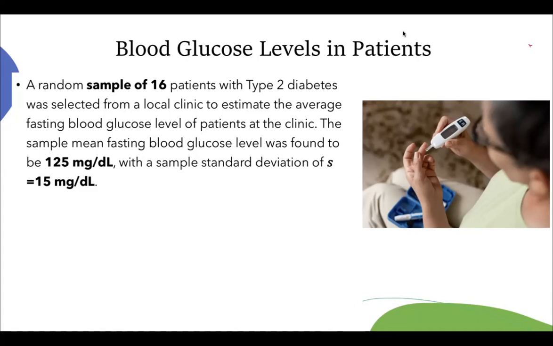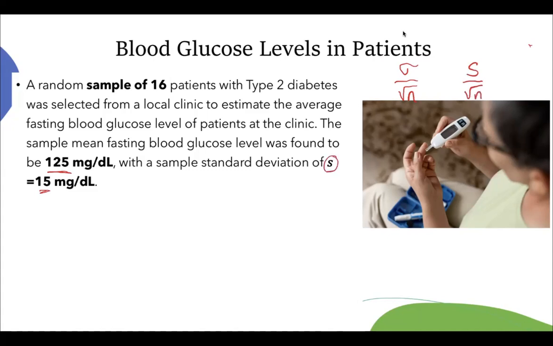The sample mean fasting blood glucose level was found to be 125, with a sample standard deviation of 15. Now, because we don't have the population standard deviation, we cannot calculate the standard error. We're going to be using the sample standard deviation instead, and we're going to be using the t-distribution in this problem.